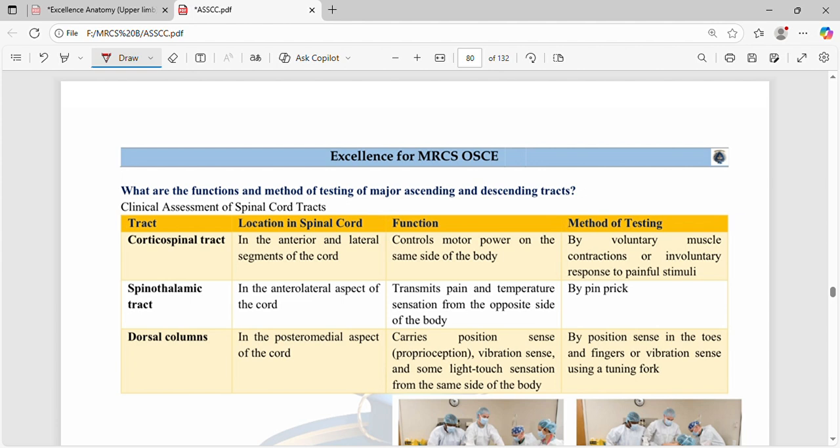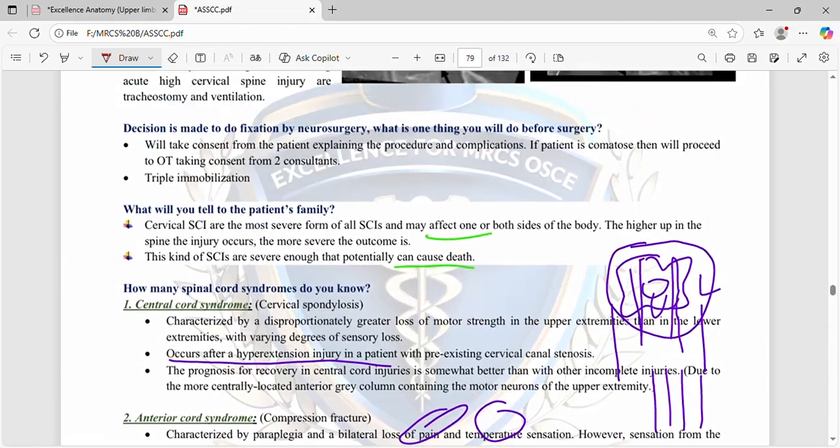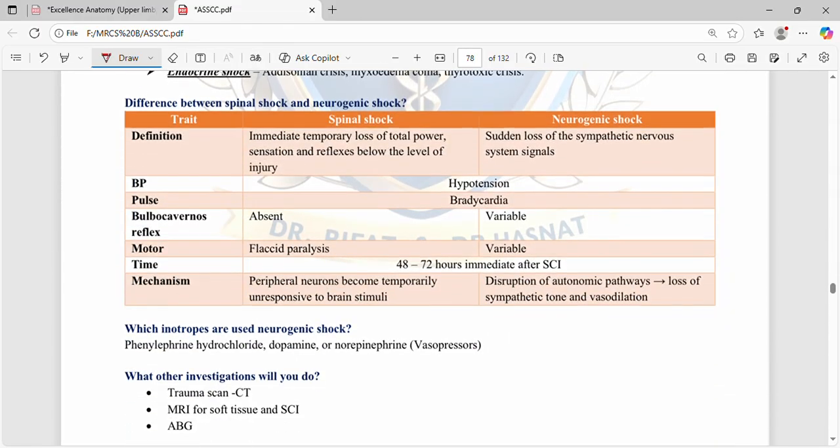The dorsal column is in the posteromedial aspect of the cord. It carries position sense, proprioception, vibration sense, and some light touch sensation from the same side of the body, tested by position sense in the toes and fingers, or vibration sense using a tuning fork. So these are some methods to test.